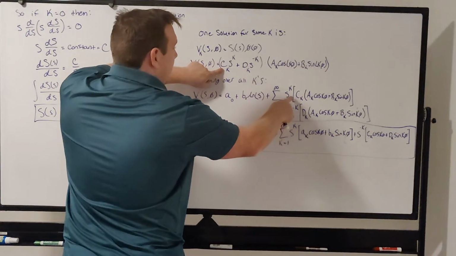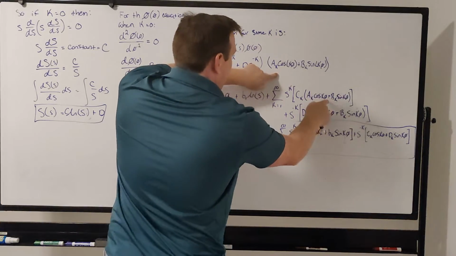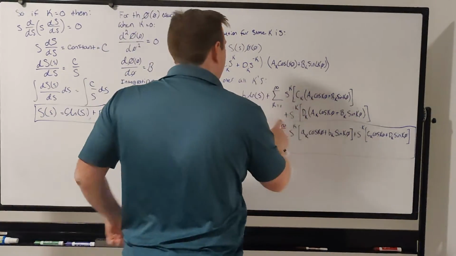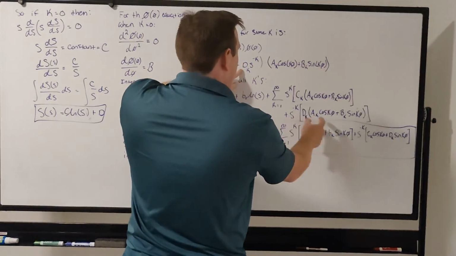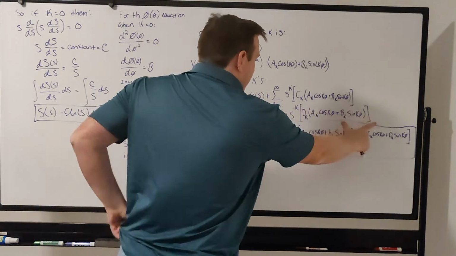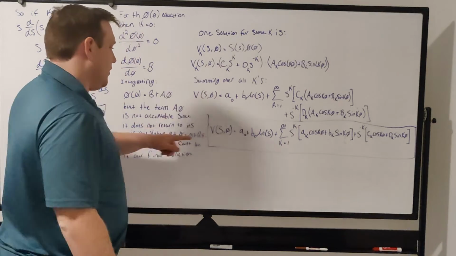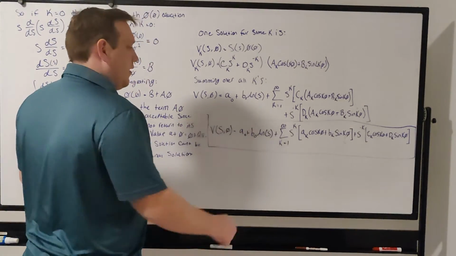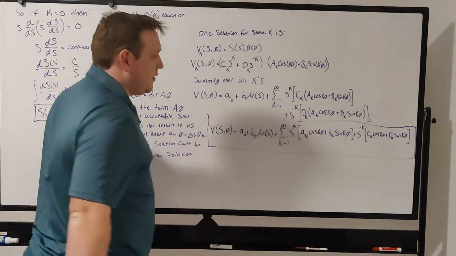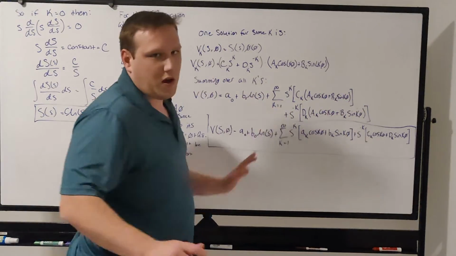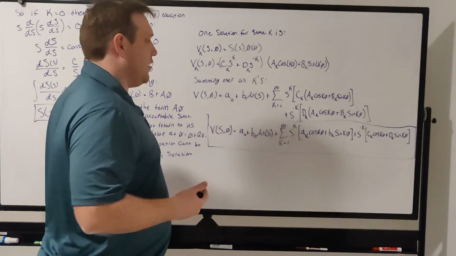Distribute this through, so we have then times c sub k times this term, a sub k cosine and so on, plus s to the minus k, so I put that out front, times d sub k times all this, so distribute that through. So that's one way to write it, and again, I just rewrite it here, so we have the terms out front here. All I did here was combine the constants. c sub k and a sub k and d sub k and a sub k and b sub k are all constants, so we can combine them into just single constants.